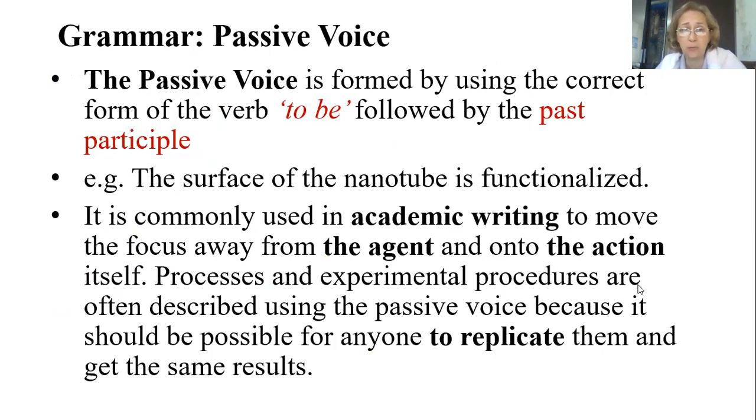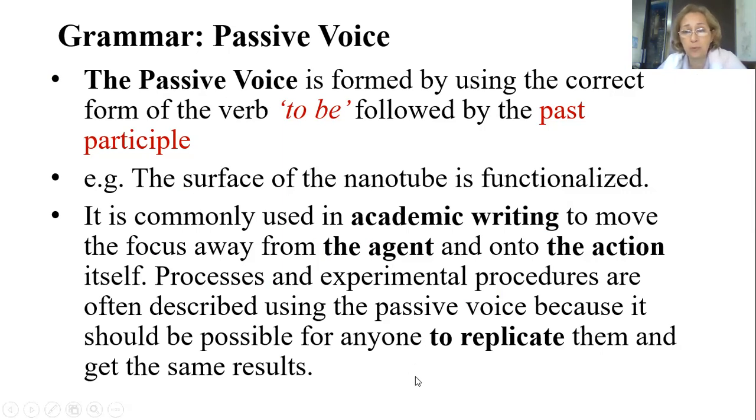So the example here: the surface of the nanotube is functionalized. It says that it is commonly used in academic writing to move the focus away from the agent onto the action. So we focus not on who performs the action, but on the action itself.